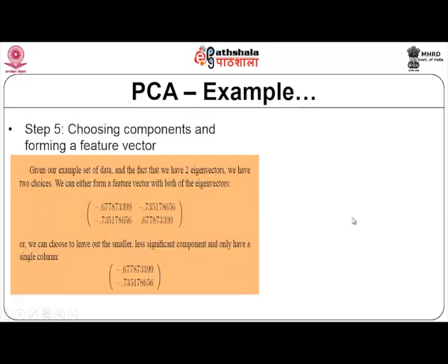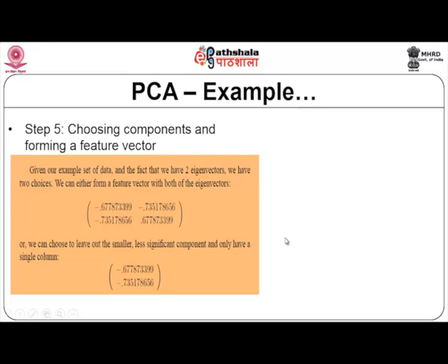Now, when you have two eigenvectors, it is our decision whether to take both eigenvectors or only one eigenvector for our analysis. Our objective is to reduce the number of dimensions and thereby enable easy understanding of data.